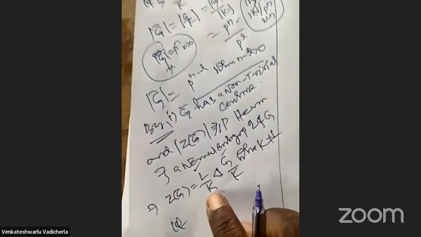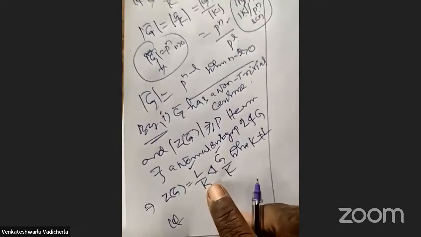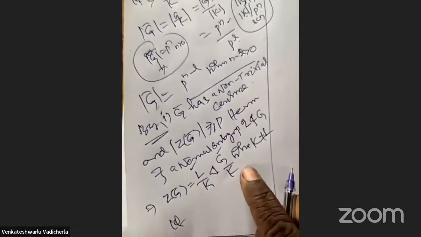L by K is also a quotient group, and G by K is also a quotient group.